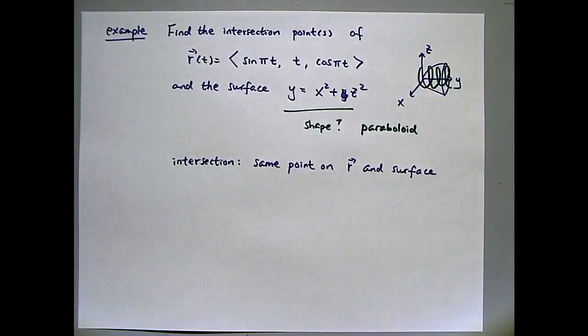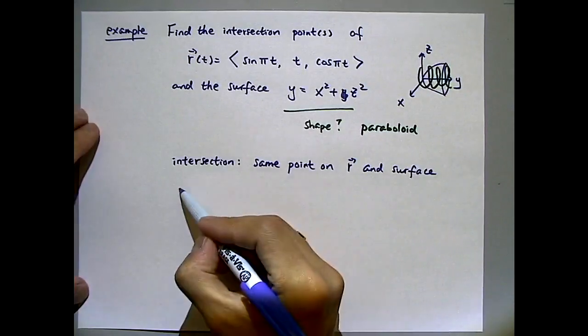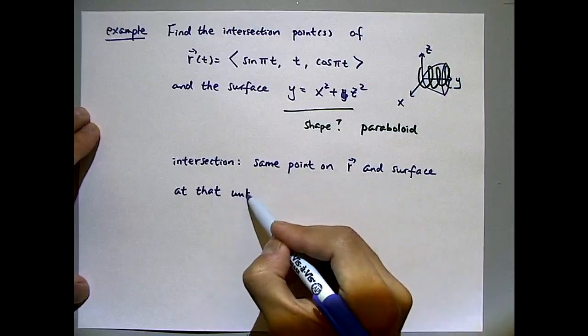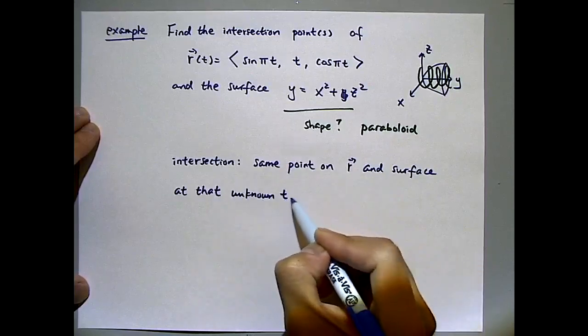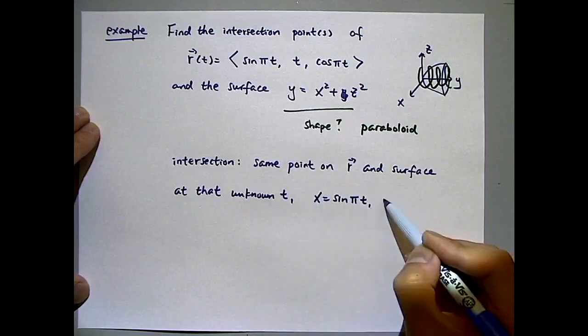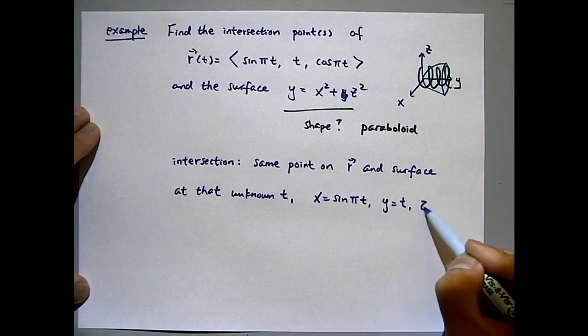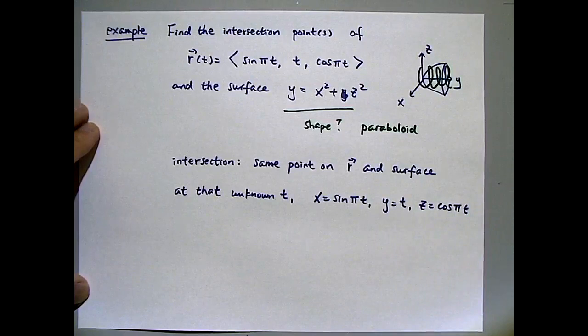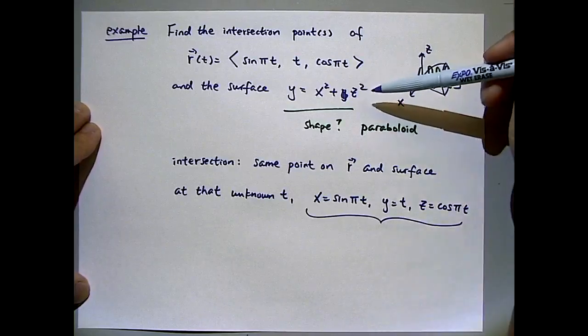At one point it has to be on both of these shapes at the same time. So that means at that unknown t, x is equal to sine of pi t, y is equal to t, and z is cosine of pi t.